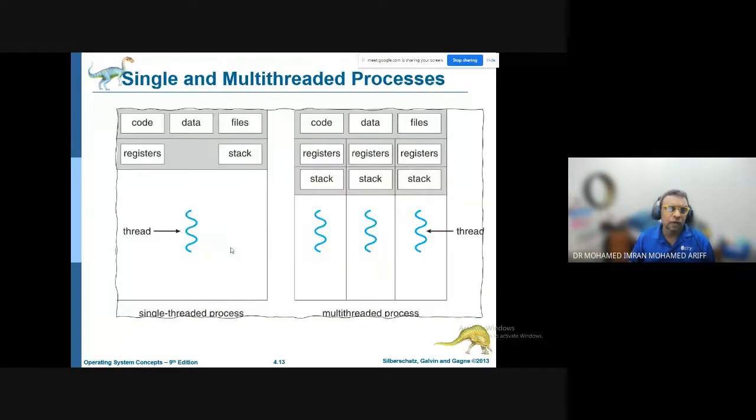Okay, so this is another diagram of single and multi-threaded processes. This is a single-threaded process, or we say a single core. This one here is the files of the first process, and this is the thread for one process. So this is one process, and this is one thread.